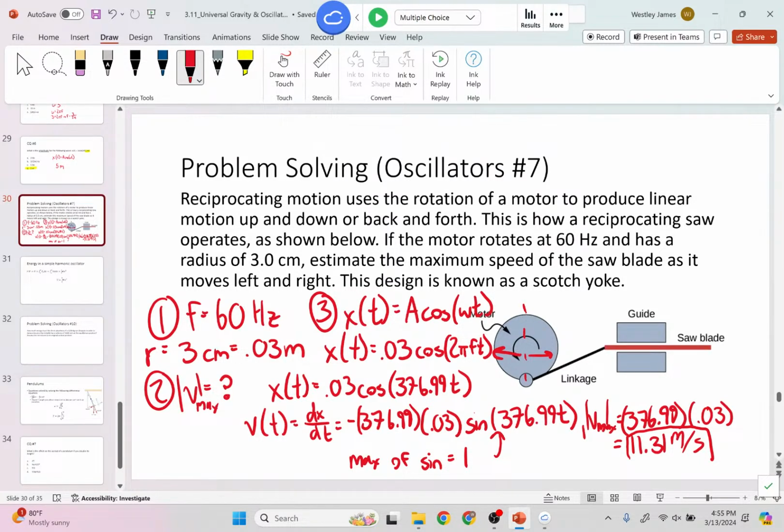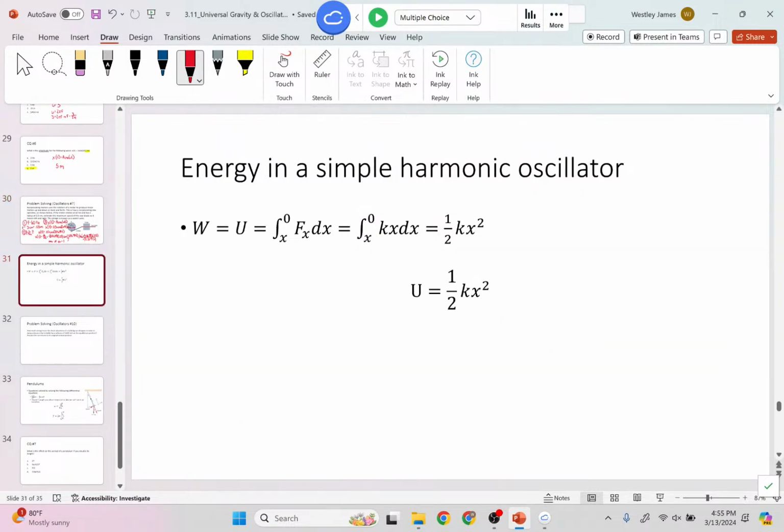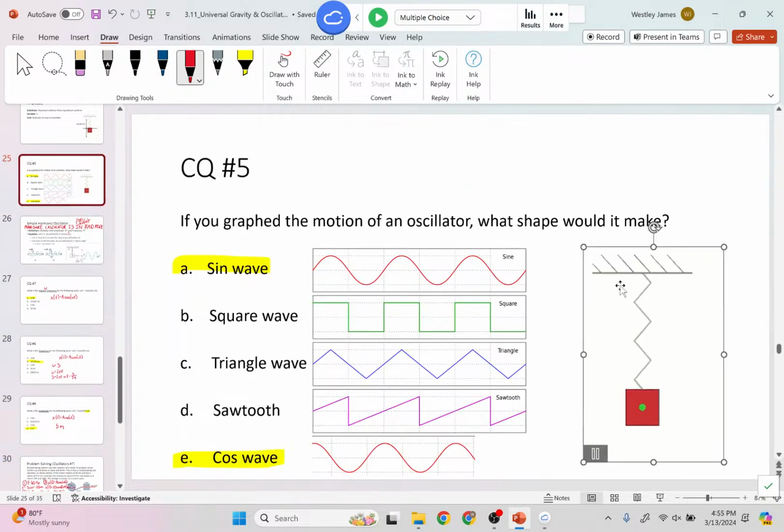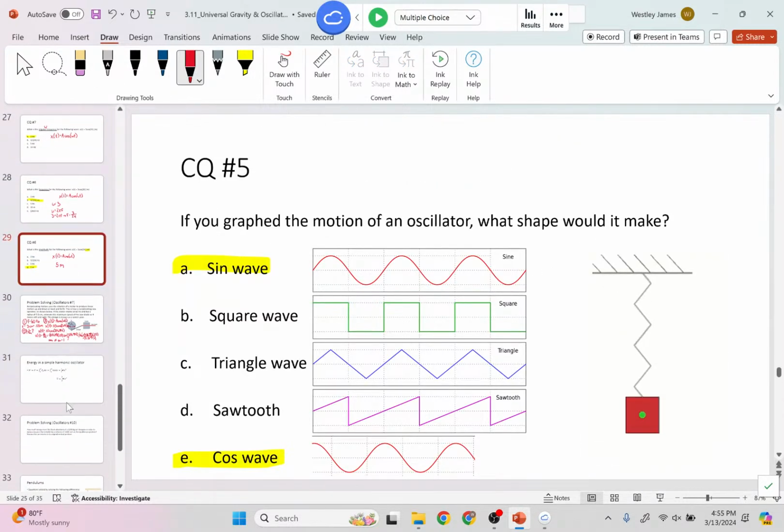Okay, so the next slide I'm going to show you, I've already kind of mentioned to you, but there's going to be a reason why. So the energy in a simple harmonic oscillator, because we're talking about things that oscillate, is just the energy in a spring. If we looked at our original problem, let's take that thing that's been bouncing up and down on a bunch of these slides.